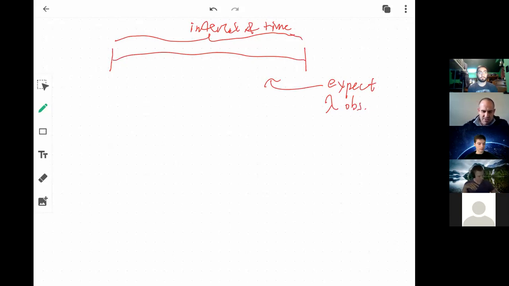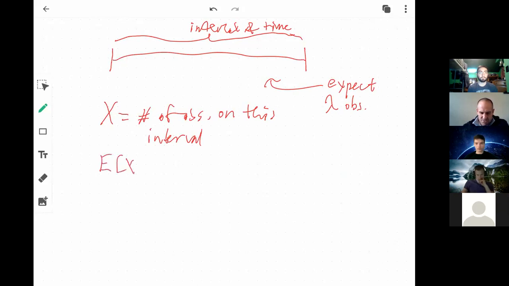In other words, if x is equal to the number of observations on this interval, then the expected value of x, which we often notate by mu, is just lambda.